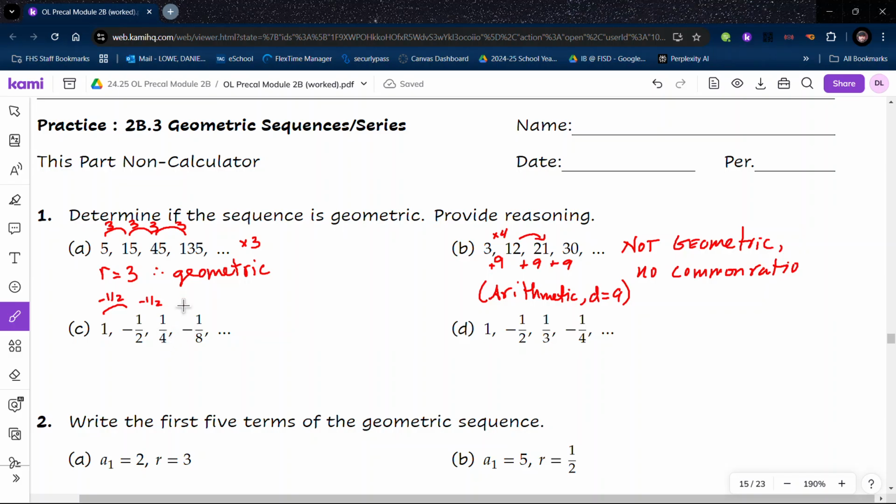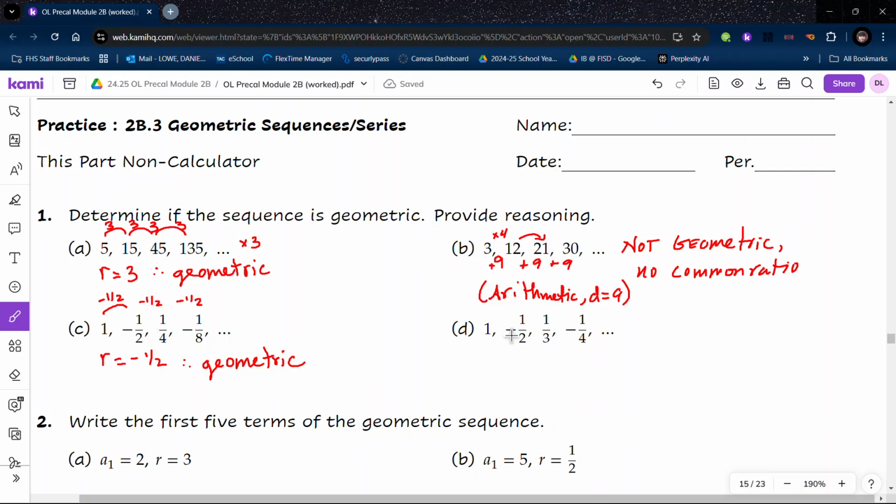And negative 1/8 divided by 1/4 is going to be negative 1/2. And if that is the case, then I know that I have a common ratio of negative 1/2, and that means I have a geometric sequence. Once again, sequence has commas.